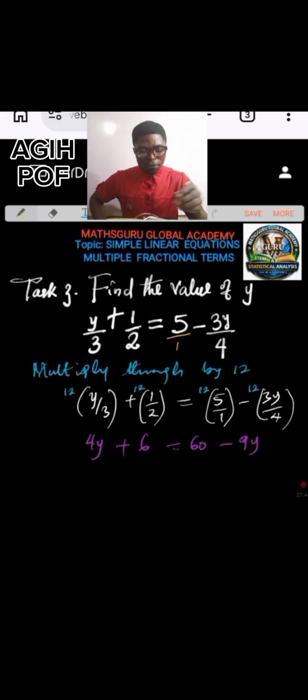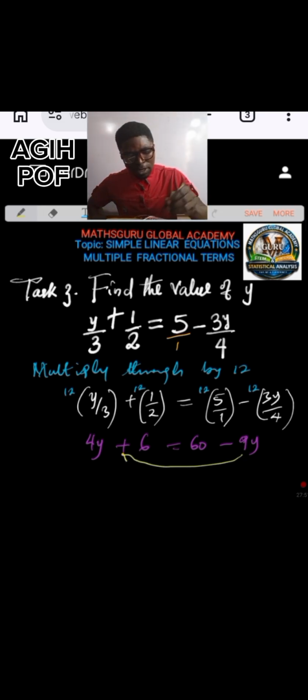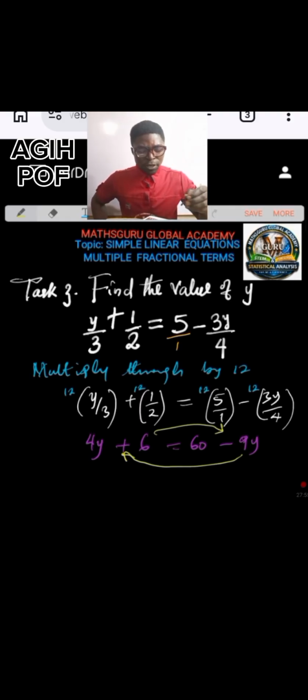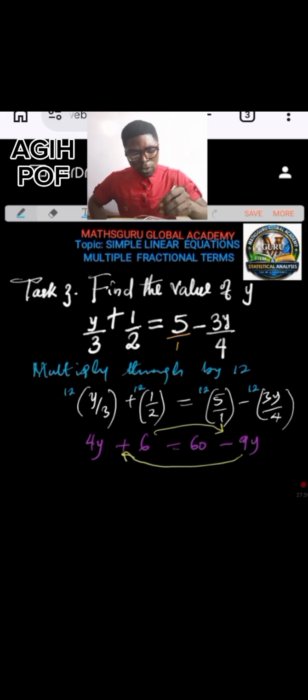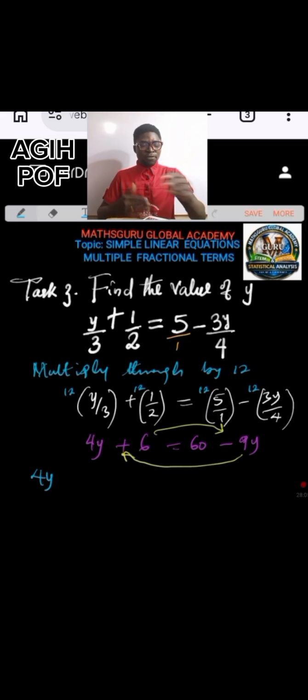So we're going to have to collect like terms. Alright, let's collect the like terms. I'm going to move 9y to the other side of the equation here and move 6 to the right hand side. Alright, we're going to have 4y. The negative 9y is crossing the equation sign. Remember, this is a negative sign, negative 9y.